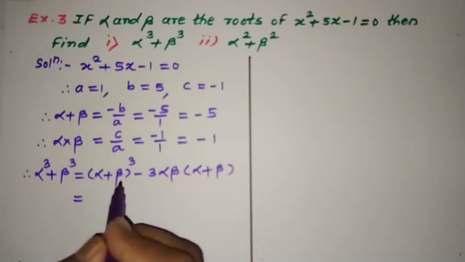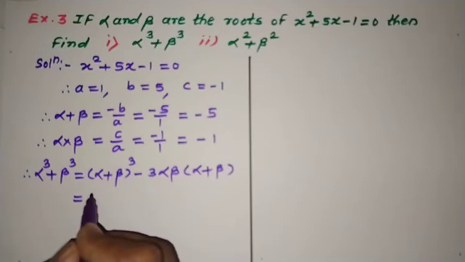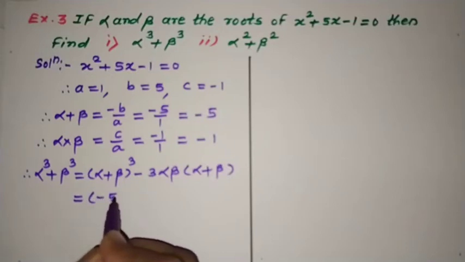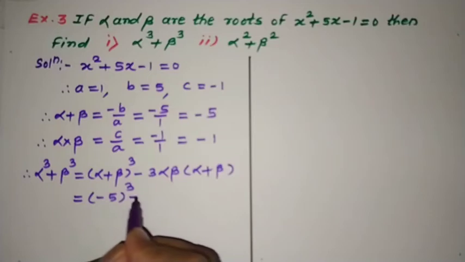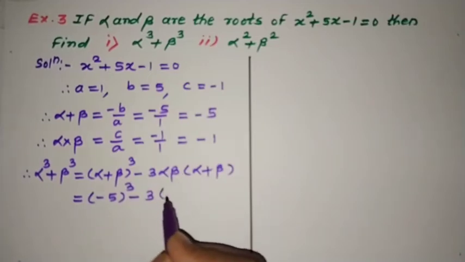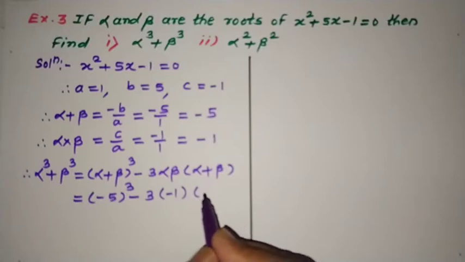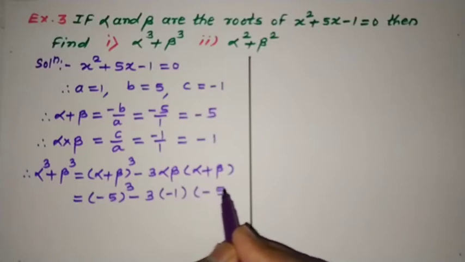That is equal to minus 5 whole cube minus 3 times alpha beta, which is minus 1, times the value of alpha plus beta, which is minus 5.